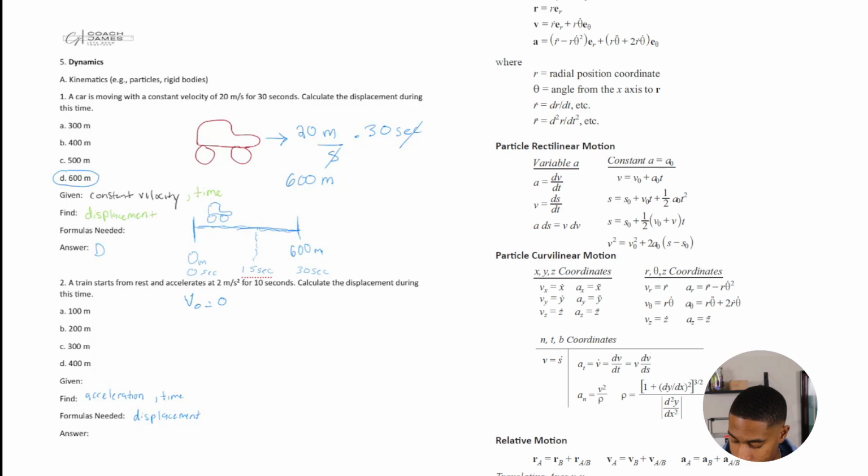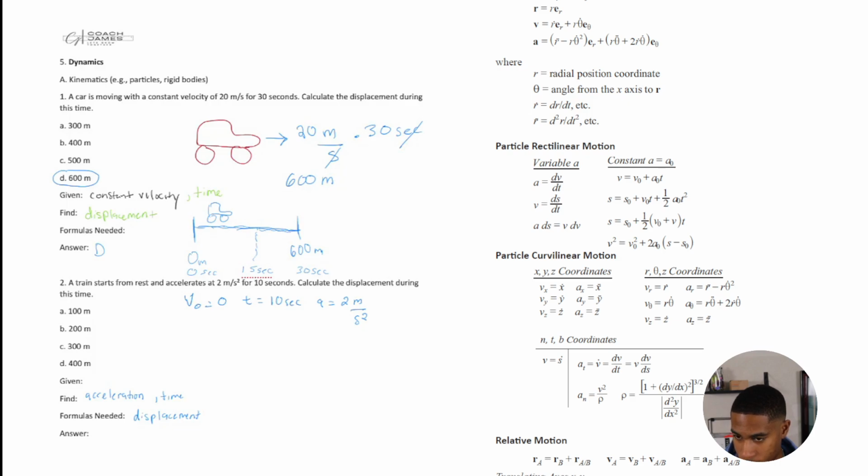And I also know that my T is equal to 10 seconds. Now my acceleration is equal to 2 meters per second squared.